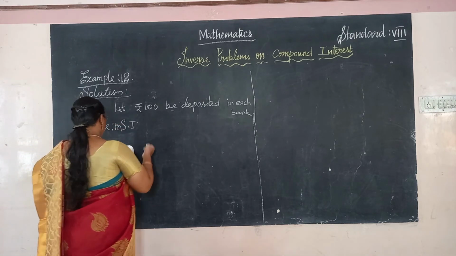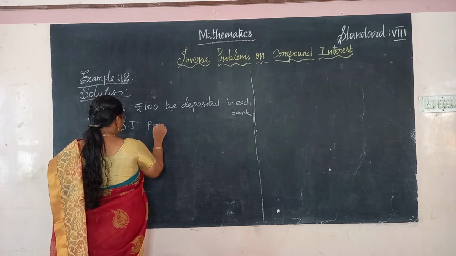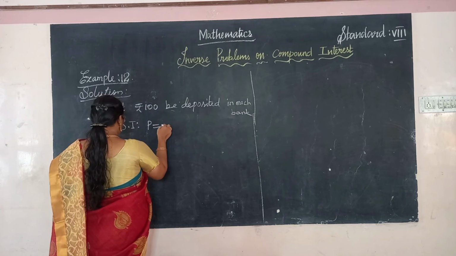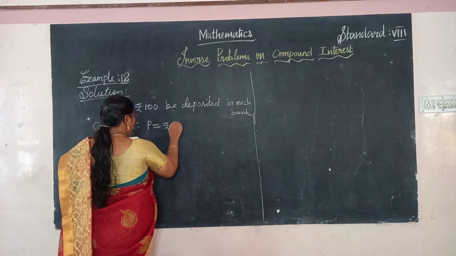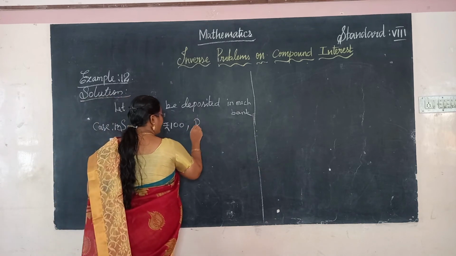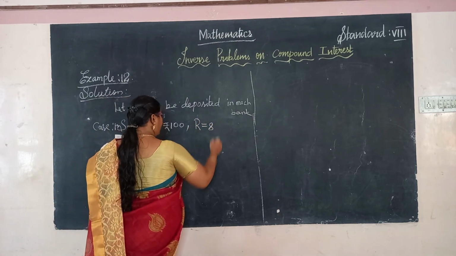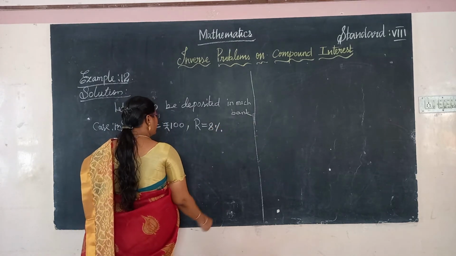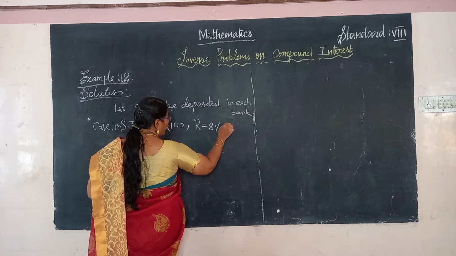Simple interest. What are the data? Principal amount P is equal to rupees 100, and the rate of interest is given. Both banks give the same rate of interest, 8%. And how many years is given?